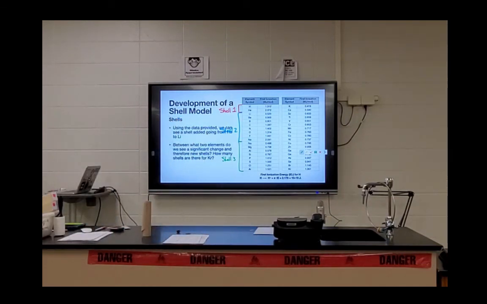Now, this is where I'm going to pause for a second and say, this is why most of the time you're taught that there are only 8 electrons in shell 3. And in shell 3, there's not 8 electrons. There's 18 electrons. But it's not that simple to see unless you look at the periodic table.